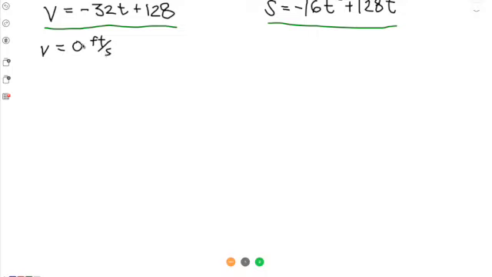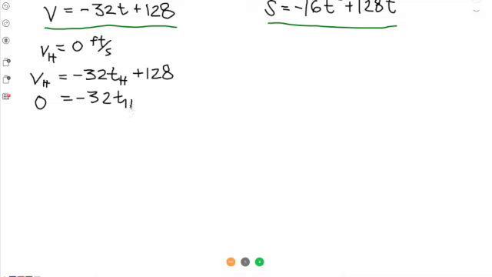So if we substitute 0 here, the velocity at the highest point. Let me rewrite the equation. The velocity at the highest point would be equal to negative 32t at the highest point, plus 128. Since this is 0, this is negative 32t plus 128. We can solve for t_h.